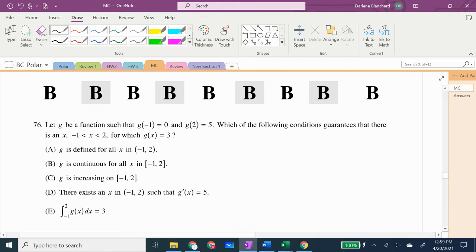Now, when you hear that something is guaranteed to exist, it's probably a mean value theorem. If I look at -1, 0 is one of the points, and 2, 5 is another point.